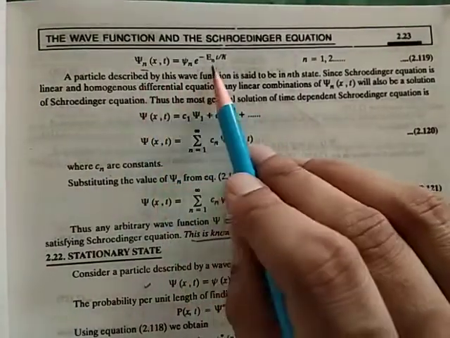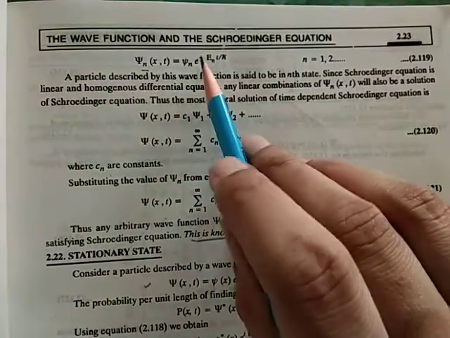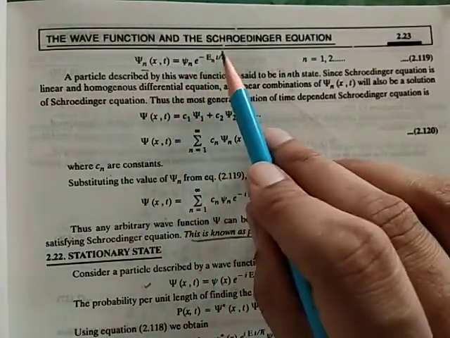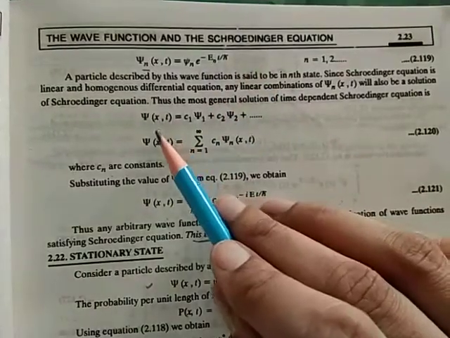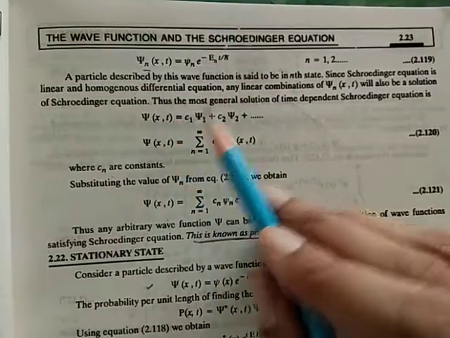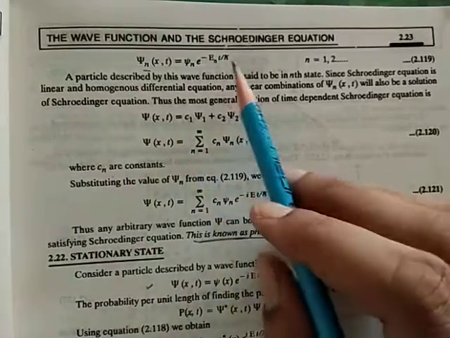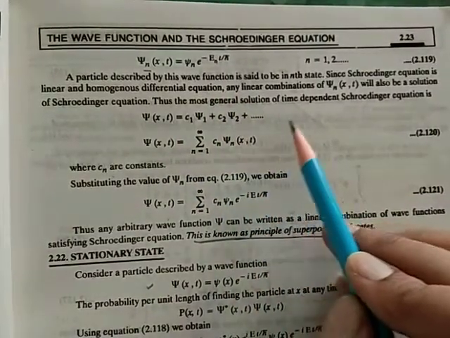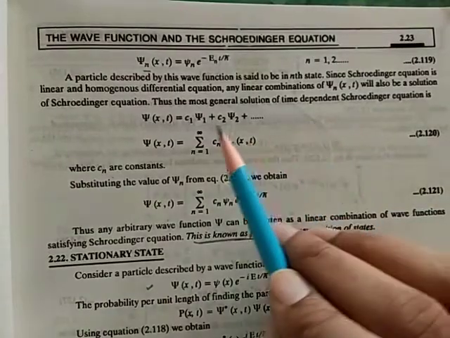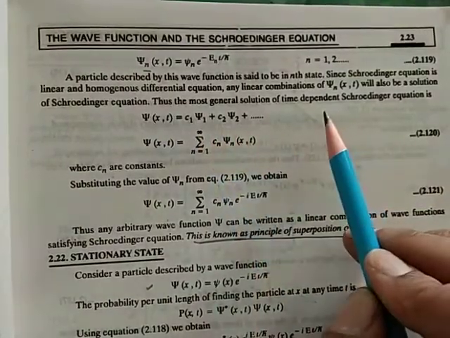Okay, so overall, because these are individual functions, they should be combined in a linear way to find the total solution. So psi xt would be equal to c1 psi 1 plus c2 psi 2 up to cn psi n. So here we have considered n solutions.